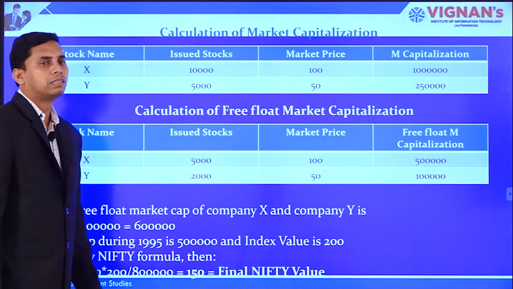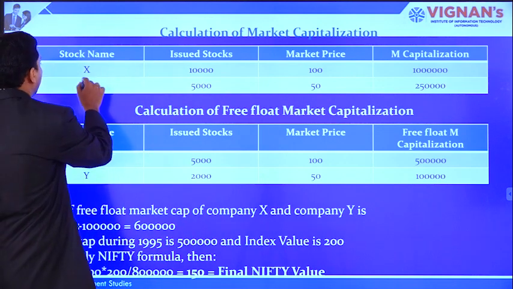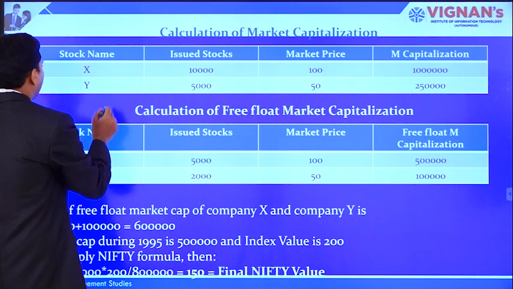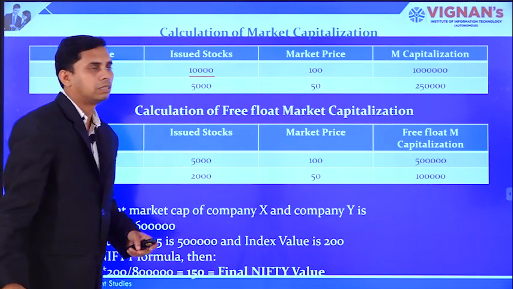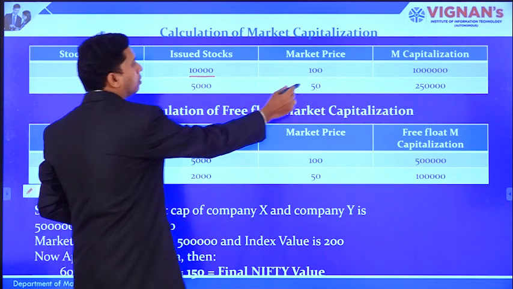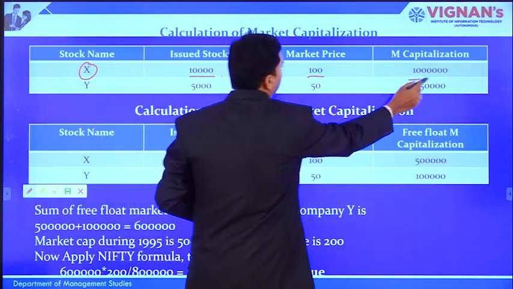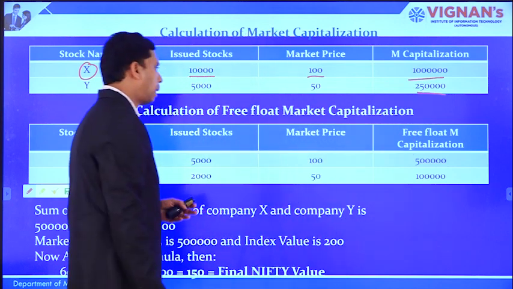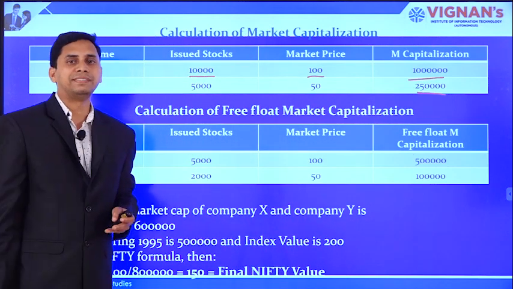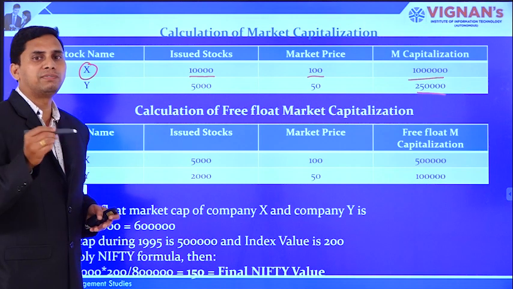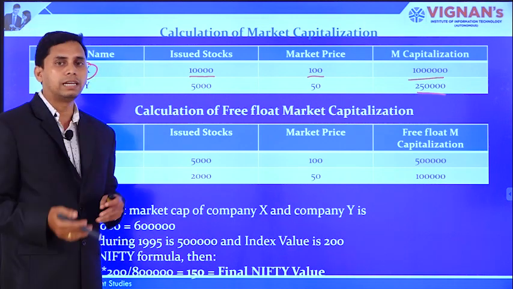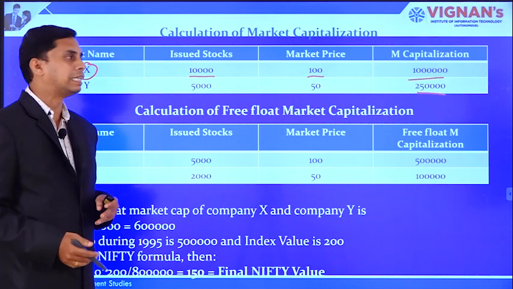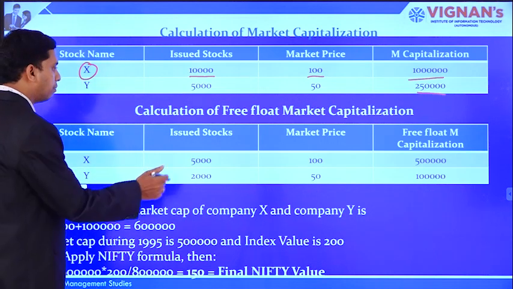In this example, company X issued 10,000 stocks, market price is 100. So, these are all the market capitalization values. But for the calculation of Nifty, what is required is free float market capitalization. So, now let us calculate the free float market capitalization using these values.